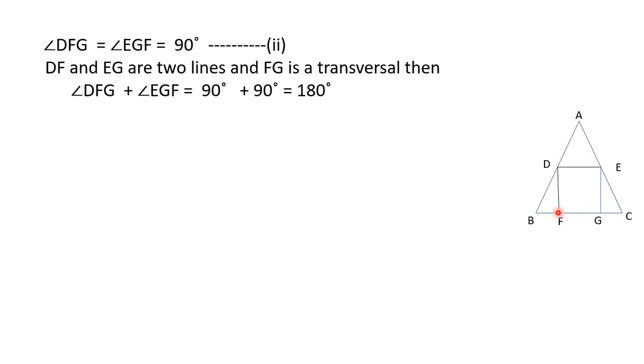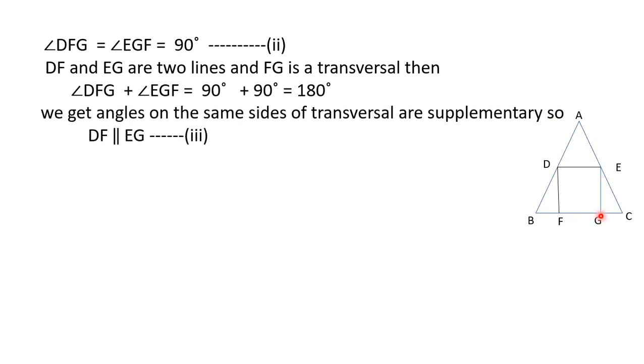So here we get supplementary angles: angles on the same side of a transversal are supplementary. That means DF and EG are the lines, FG is the transversal, and the angles on the same side of the transversal are supplementary. So we can say DF is parallel to EG.